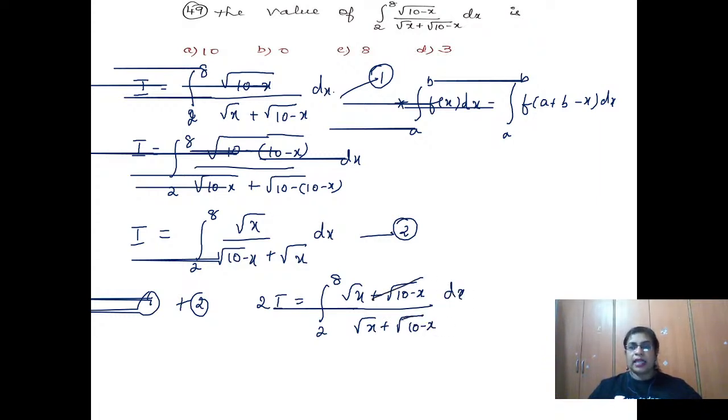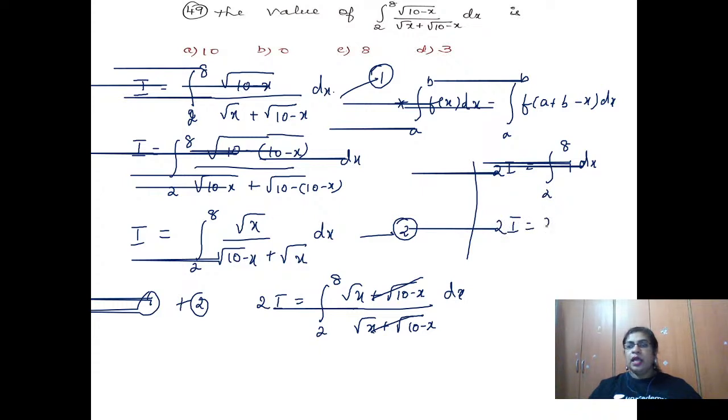So this will get cancelled, and therefore 2i is equal to integral 2 to 8 of 1 dx. So 2i is equal to x, applying the limit 2 to 8. Therefore 2i is equal to 8 minus 2, which is equal to 6. So I is equal to 3, and that is the D option.